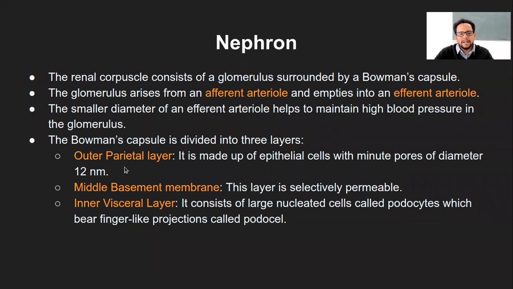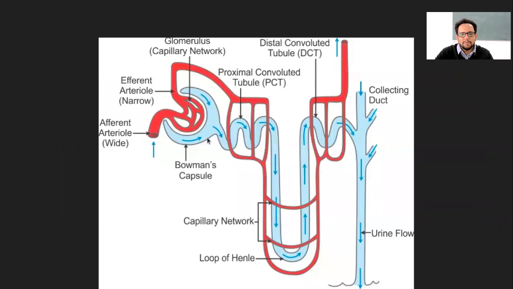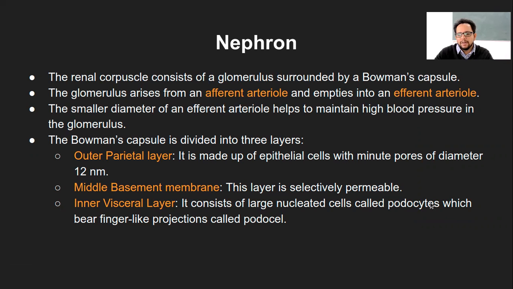So outer parietal layer, middle basement layer, and inner visceral layer. These are the three layers within this Bowman's capsule. The outer one, the basement one, and the inner one. And this inner one will have the podocytes and the podocells, which are finger-like projections, like hair-like outgrowths of this podocyte cell.